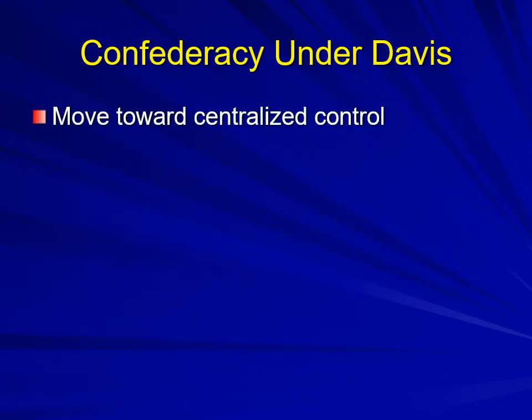Under Jefferson Davis, during a war that would become so demanding, the Confederacy will attempt to consolidate control over the 11 states that form the Confederate States of America. And this will be a big challenge for Davis, because the whole rationale, origin for the Confederacy was a rejection of a centralized authority under Lincoln.